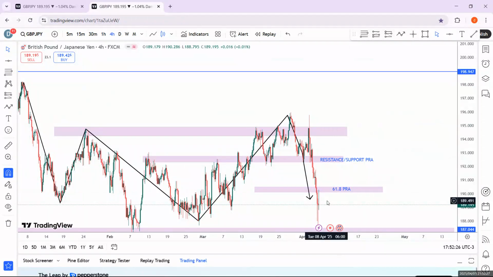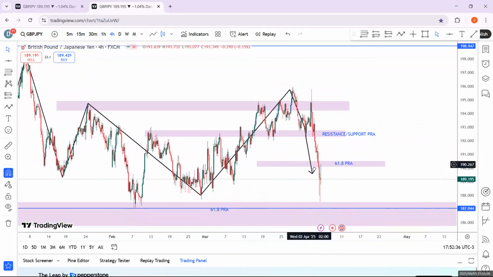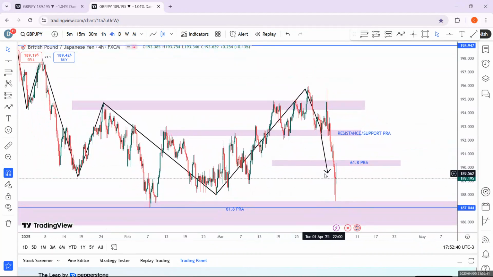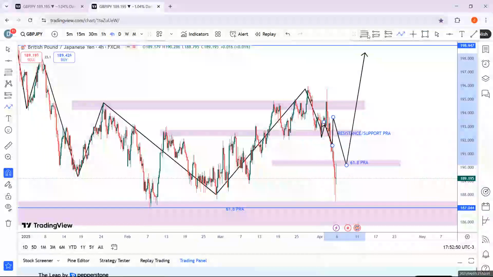However, it was a discovery that sometimes prices do not come to the entire 61.8. It was that discovery that allowed us to say, okay, let's identify inner resistance and support, because it's a resistance here, it's a support here also, but it failed. And after prices failed, it came back to the entirety of the 61.8 for takeoff.